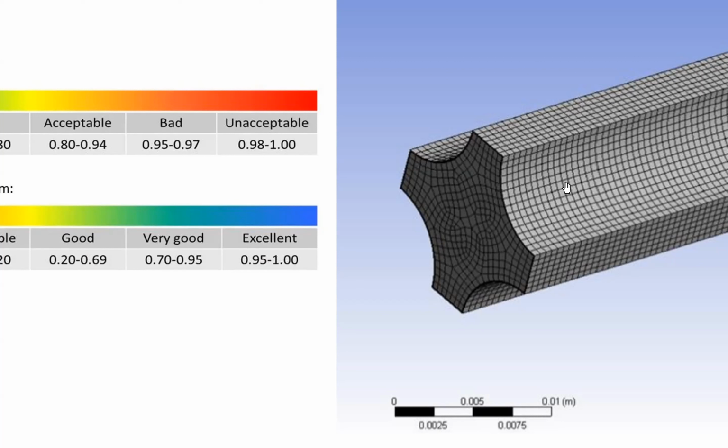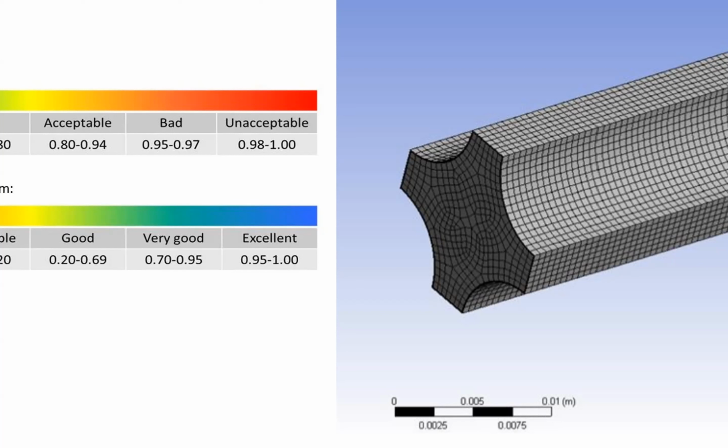So we will actually try to create this good quality mesh. One of the limitations of the ANSYS student version is that you cannot create a high number of nodes or cells within your computational domain. The more you increase the number of nodes or cells, the more accurate your result will be.